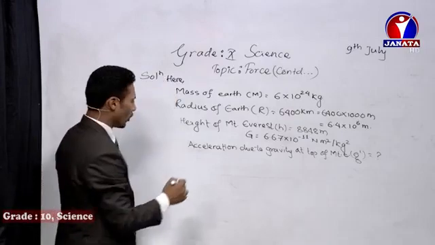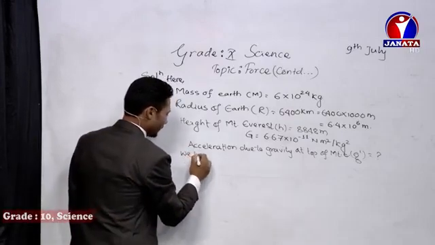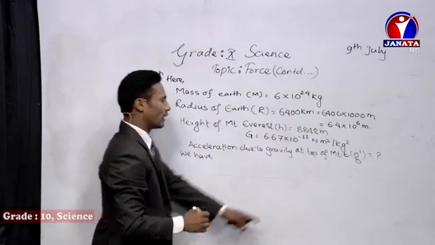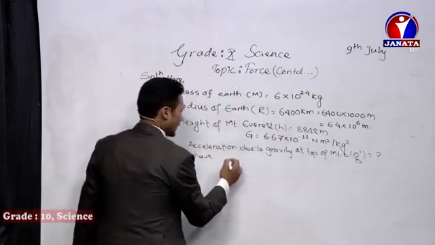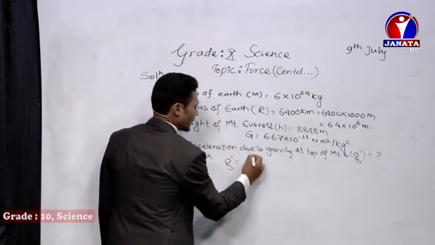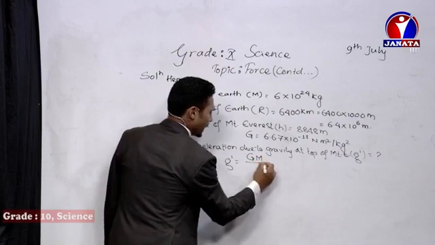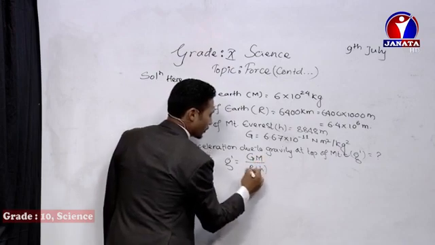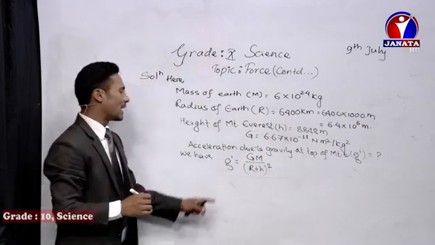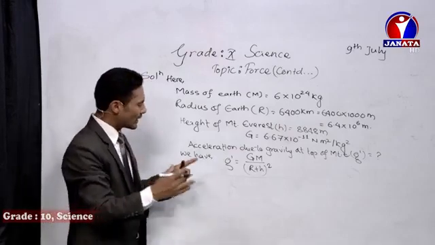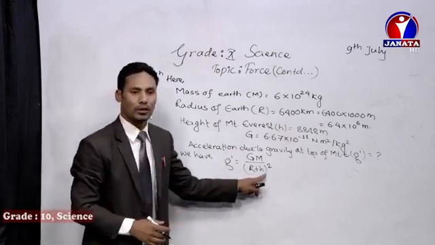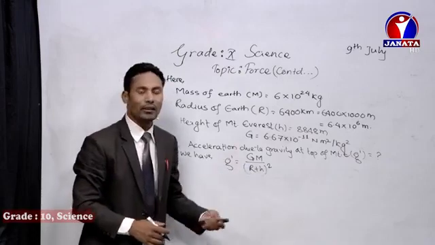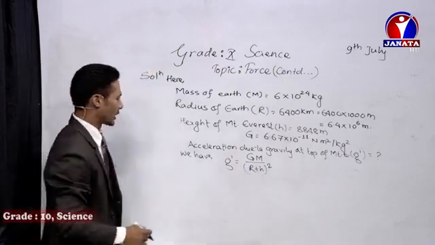So we have the formula for this: g dash equals to GM by R plus h to the whole square. So this is at a certain height. That's why the distance will be R plus h. So this one is the distance from the center of Earth to the object, right?